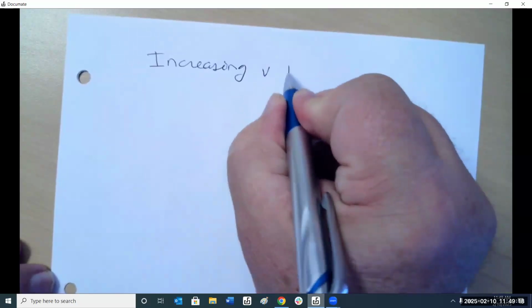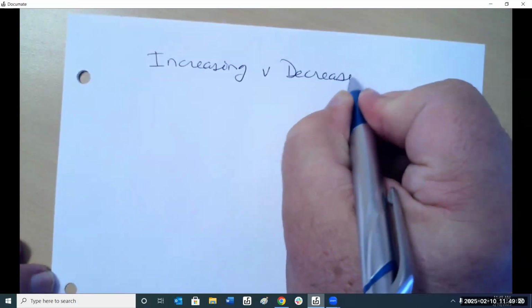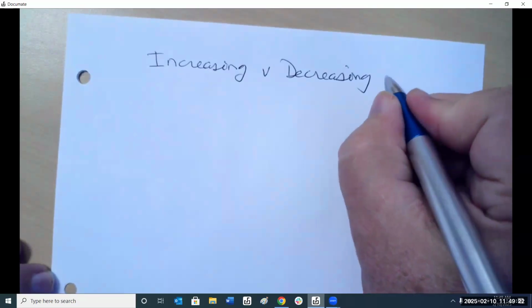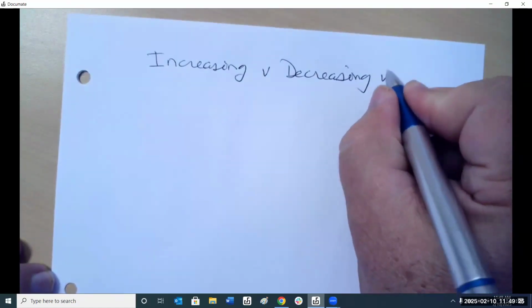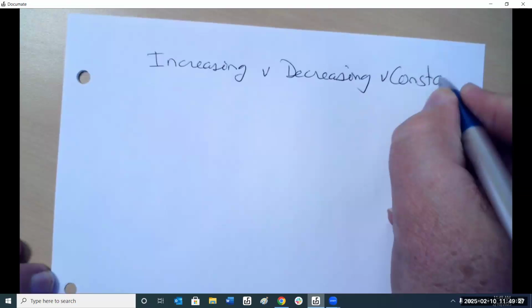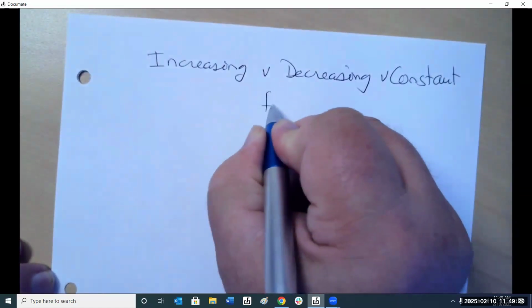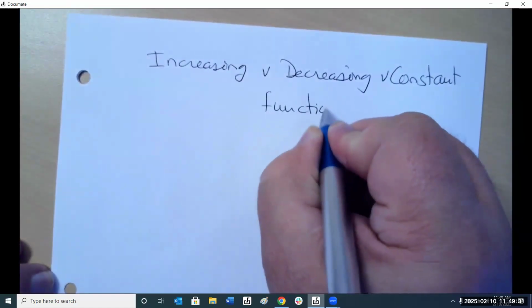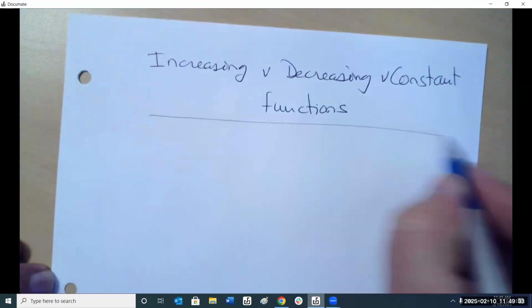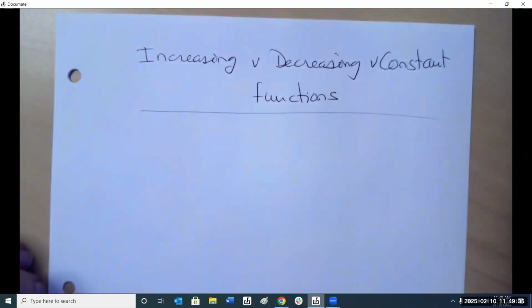Increasing versus decreasing functions versus constant. We know what they are from algebra and everything else, but can we define it?